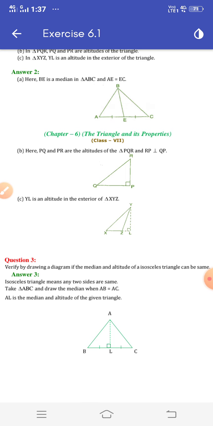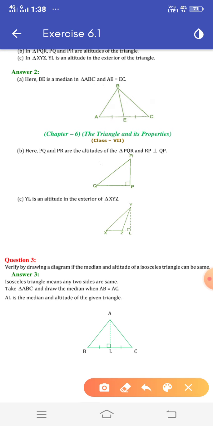Verify by drawing a diagram whether the median and altitude of an isosceles triangle can be the same. An isosceles triangle means it has two equal sides, two equal arms. Given this, take triangle ABC, draw an altitude and a median. First of all you have to draw a triangle.